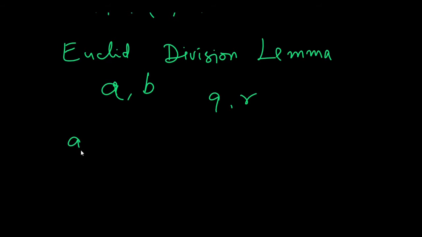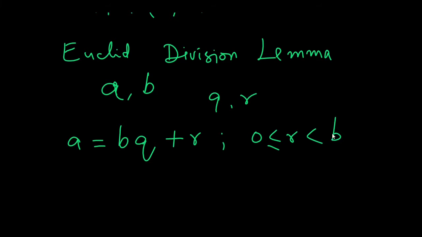So we can write a is equal to bq plus r, where r has a condition that 0 is less than or equal to r less than b. The remainder r is between 0 and b.